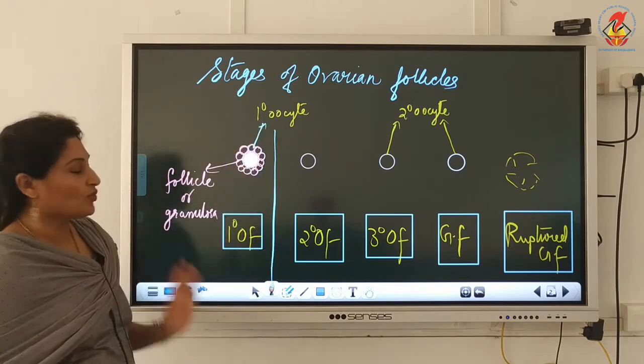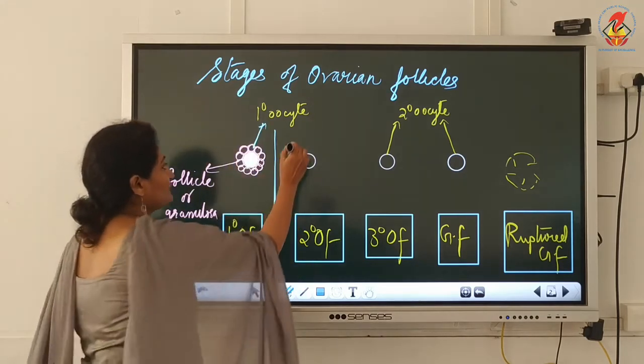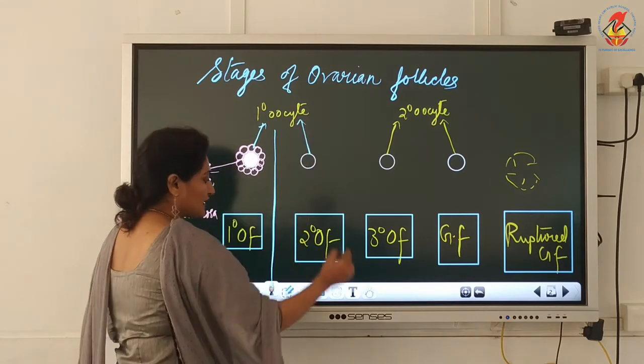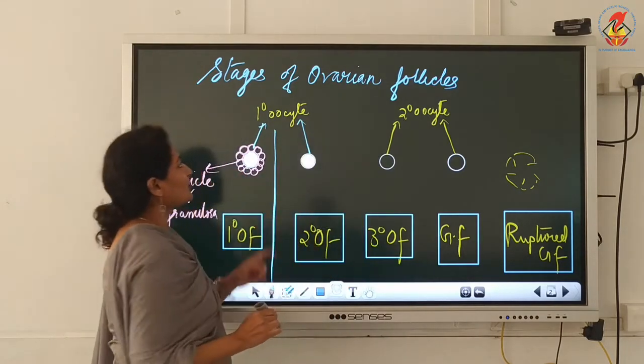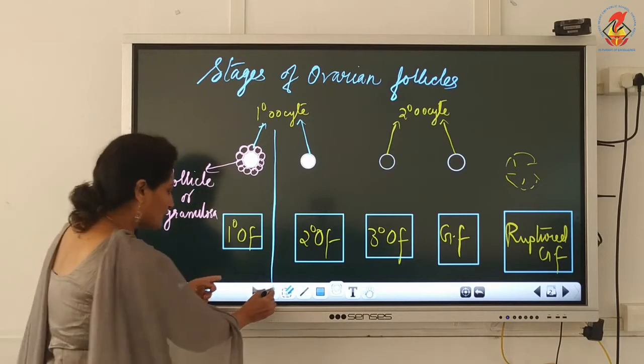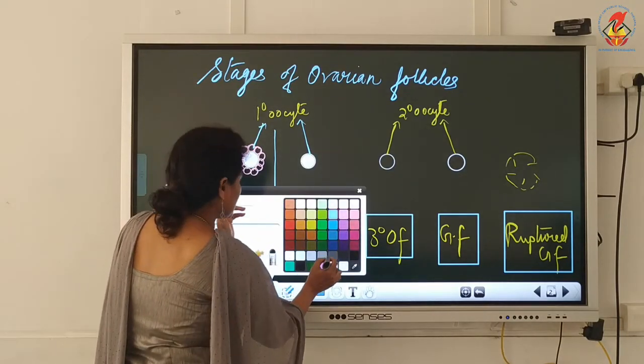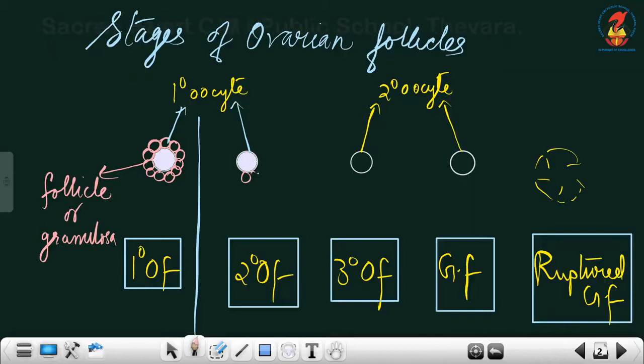Next, secondary ovarian follicle. What is the oocyte? The oocyte is again the primary oocyte. But now you look, what is the difference? Here you can see, look at the granulosa cells, one layer, two layers, and one more layer, three layers.